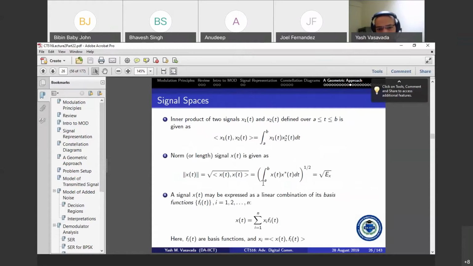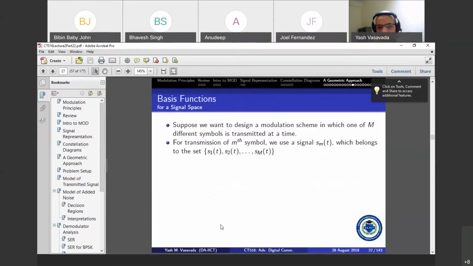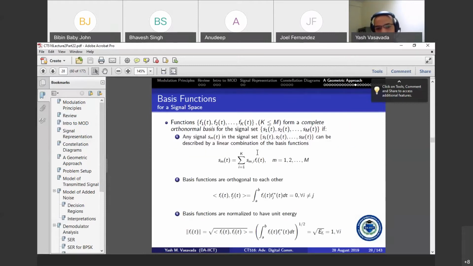And we said that we can write any signal as a linear summation of these basis functions, Fi of t. And with that, we said that we will be able to represent a set of modulated symbols that we are transmitting, 1 out of capital M, as a linear combination of these basis functions. And Sm of i gives us the coordinates of the mth symbol.